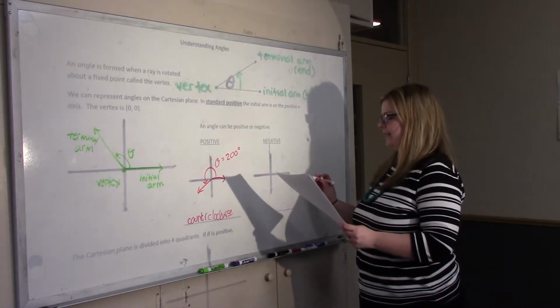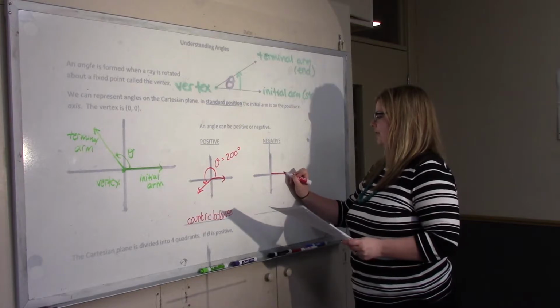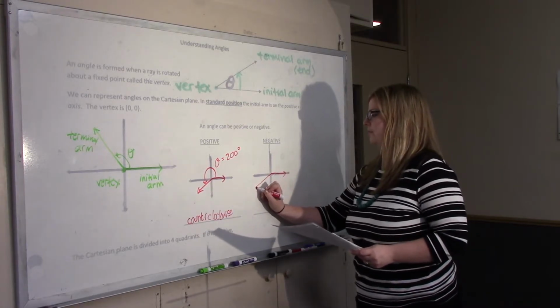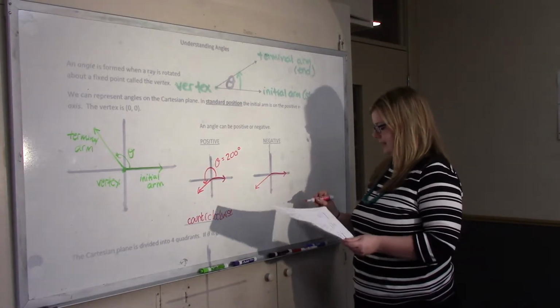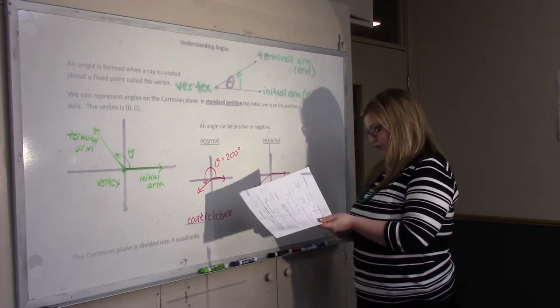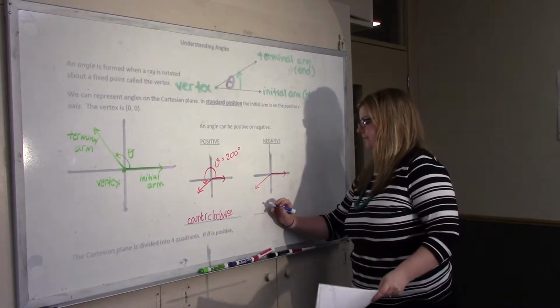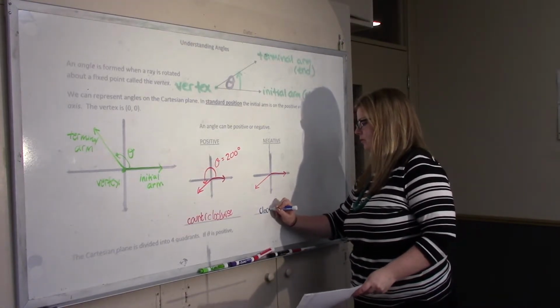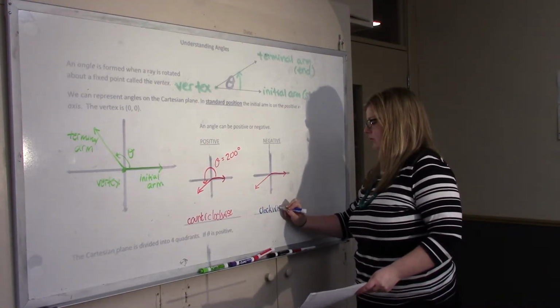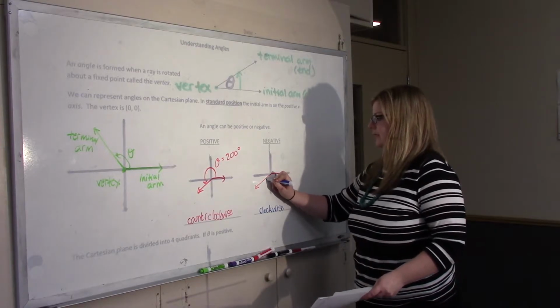You can also have a negative angle. You could have the initial arm and then the terminal arm in that exact same spot, but a negative angle goes clockwise, so you would go this way.